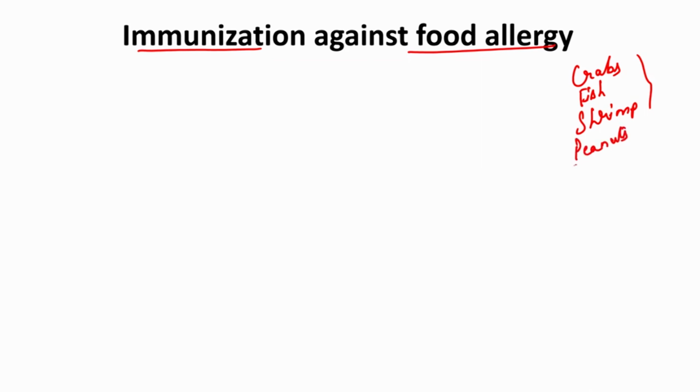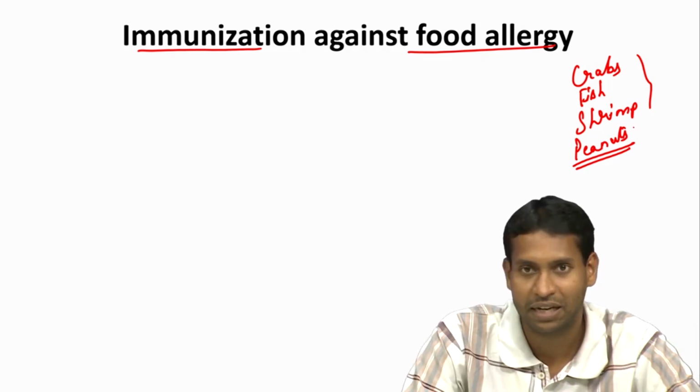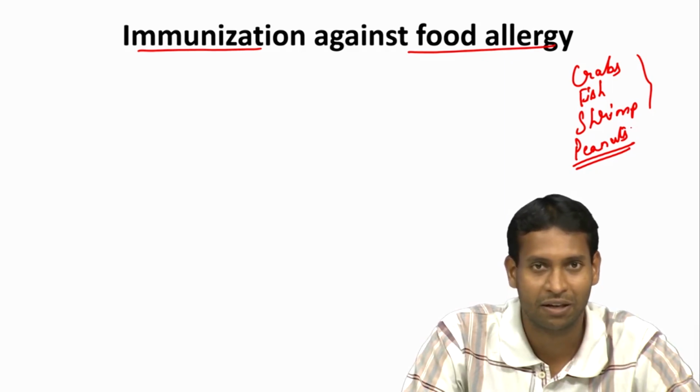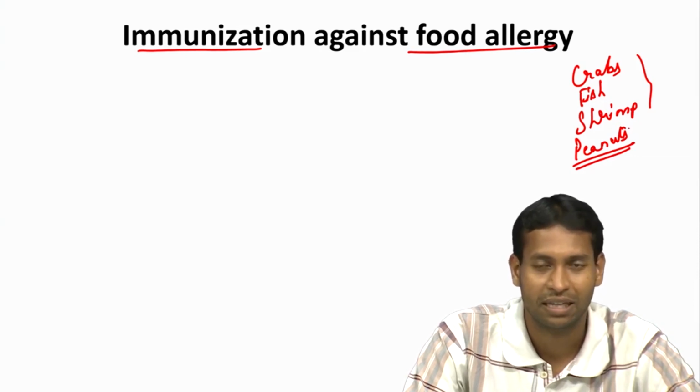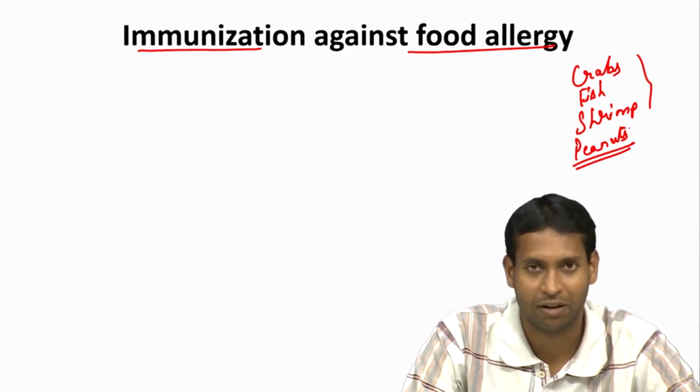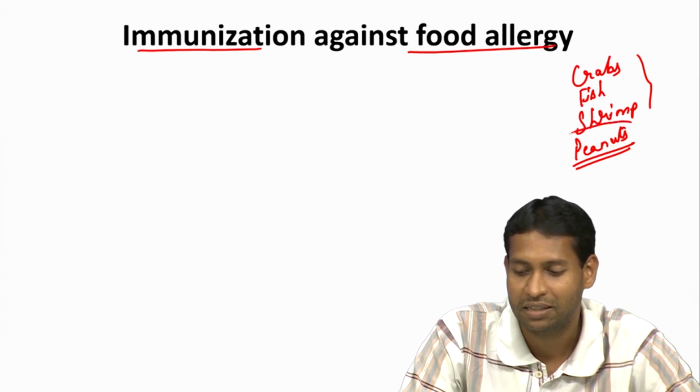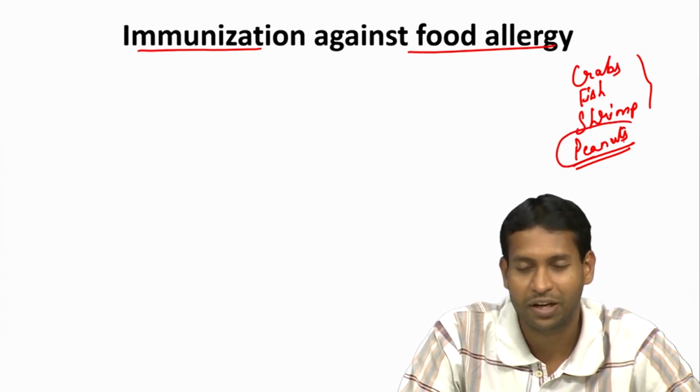This is a big problem actually in western countries, where quite a bit of people, if they intake peanuts, get a huge anaphylactic shock, they are unable to breathe sometimes, and a lot of people actually die because of that. So, we will look into how this food allergy can be tackled.